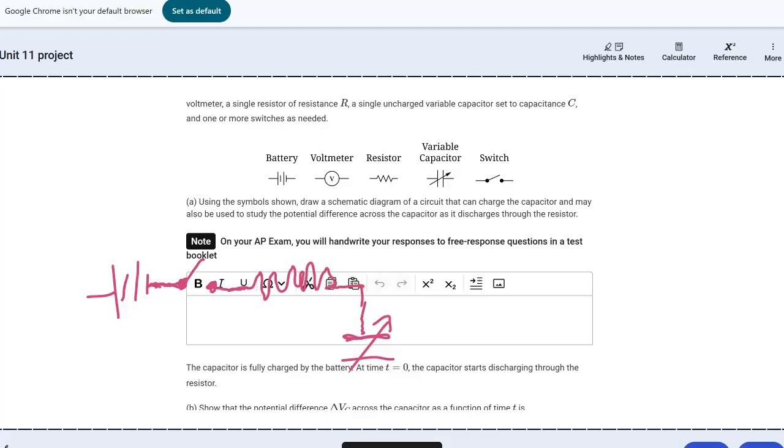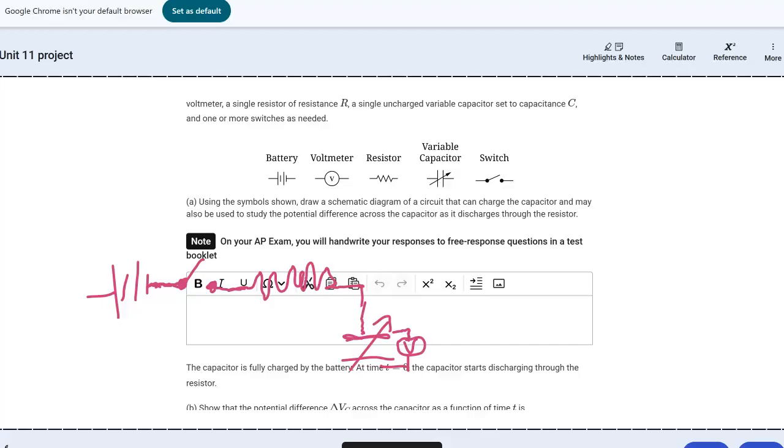And then the voltmeter will be across C, like that.